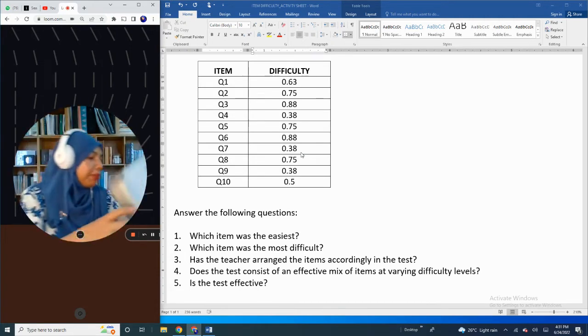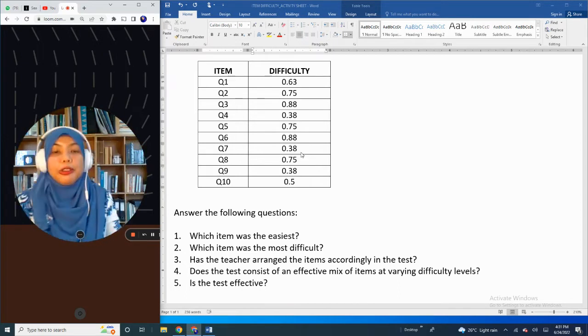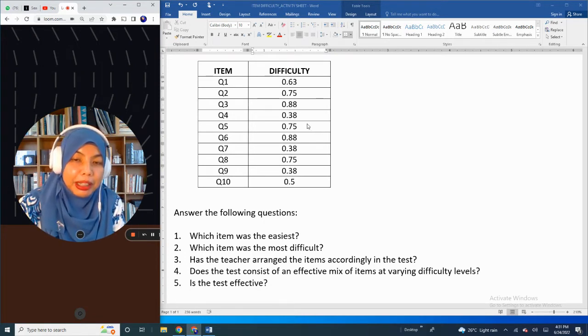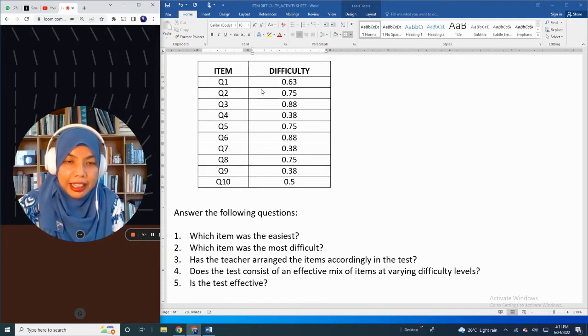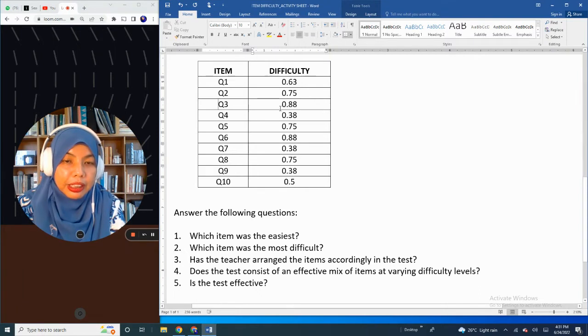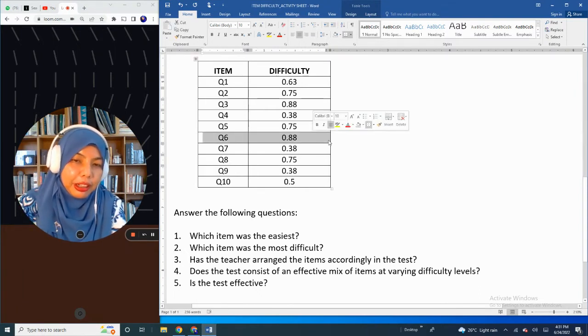So that will be the easiest item in the test. With regard to this data set, we do have a number of items with similar index of difficulty, and they are the easiest items in the test. Items with 0.88 are the easiest in the test. So we have item 3, item 6, only 2 items.